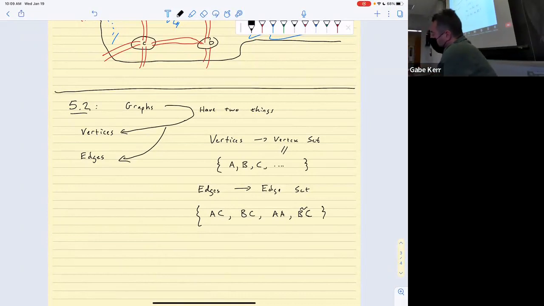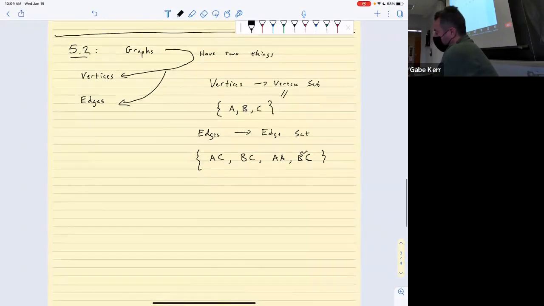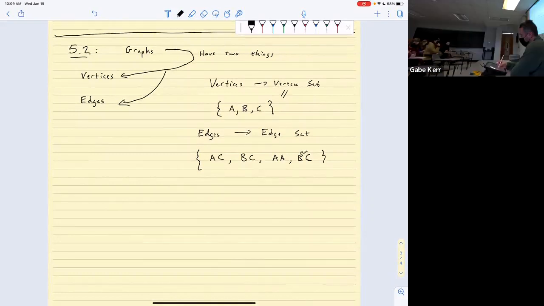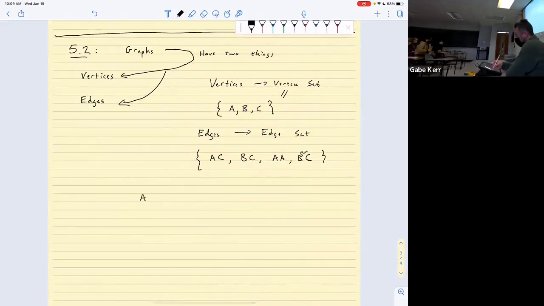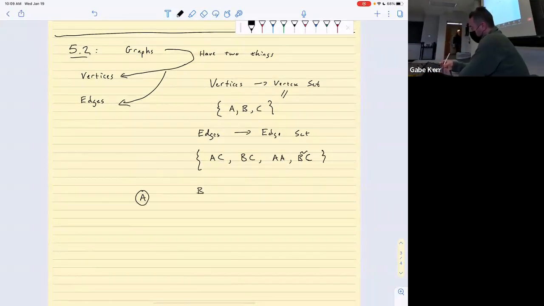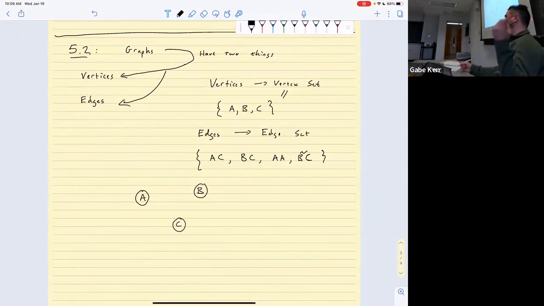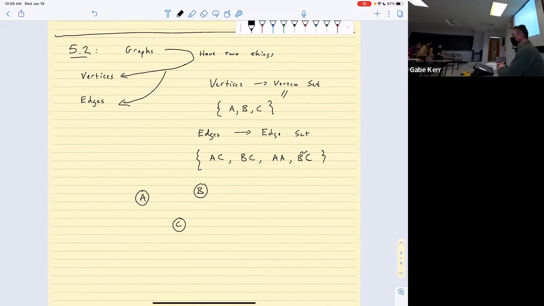Let me draw this example. Hopefully this will make sense. So I have three vertices, A, B, and C. I'm going to make them pretty big. Oftentimes you just make them little points, but I'll put a little bubble around each. Now my edges connect vertices.